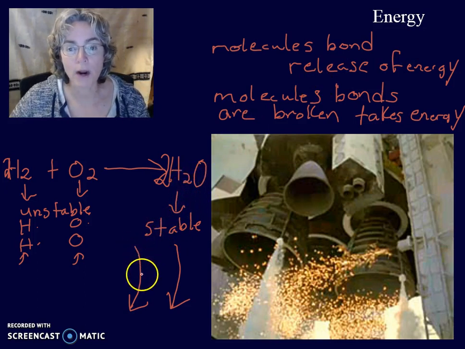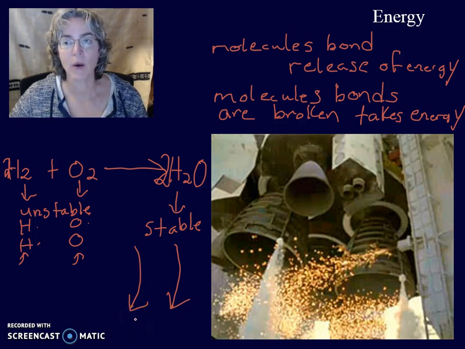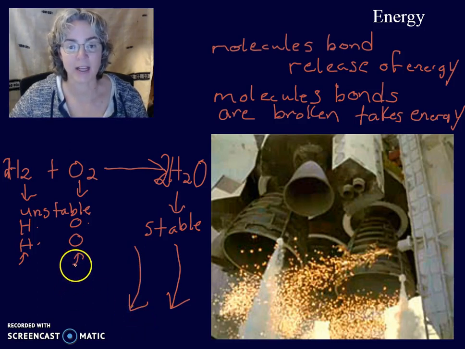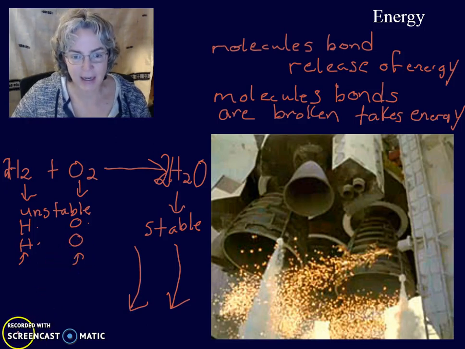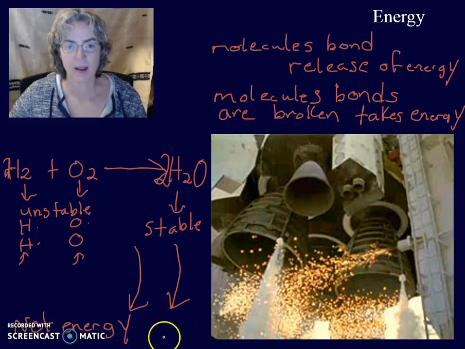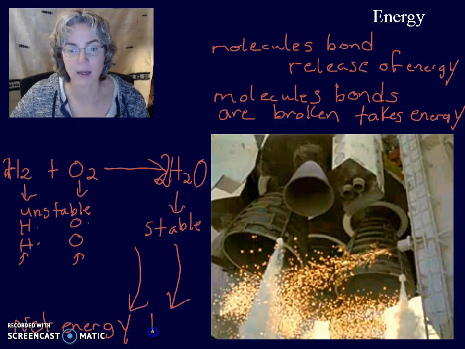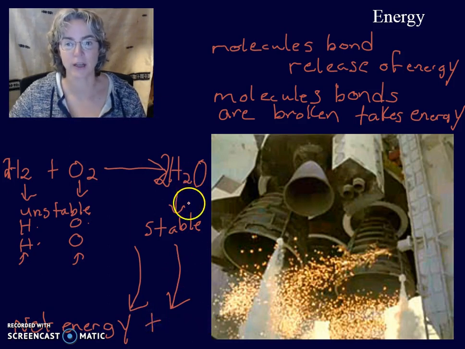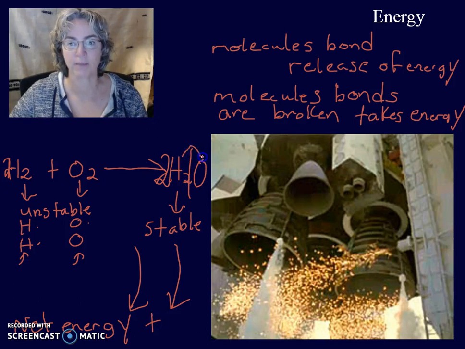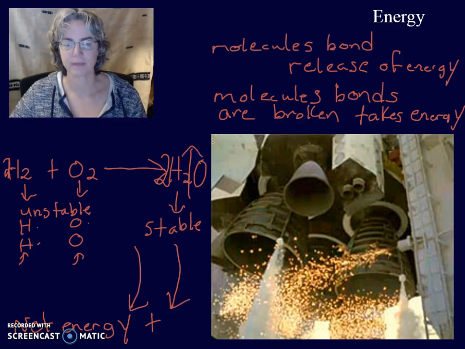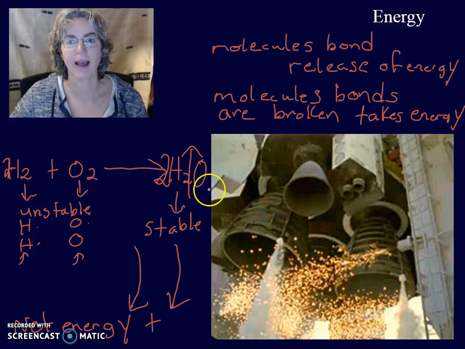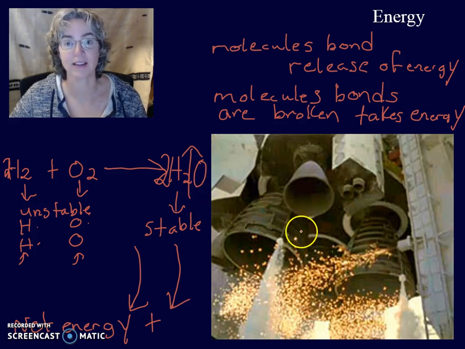And there's more energy released when the bonds form than it took to break them. So the net energy is positive. There's a lot of energy. And that's the energy it took to get the space shuttle off the ground.